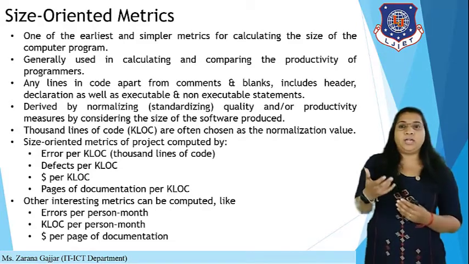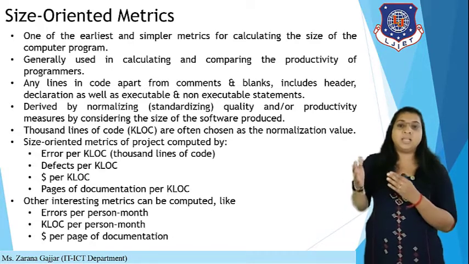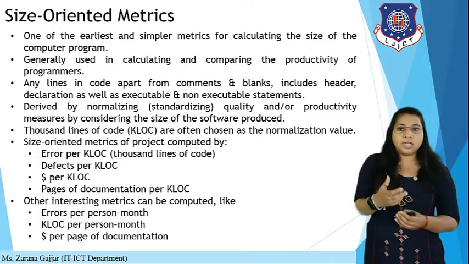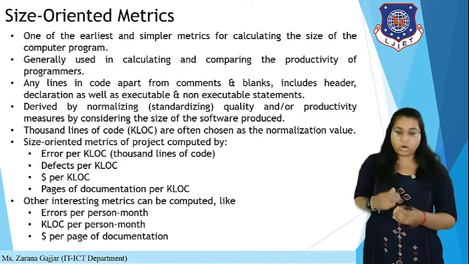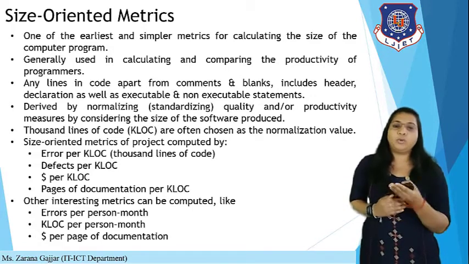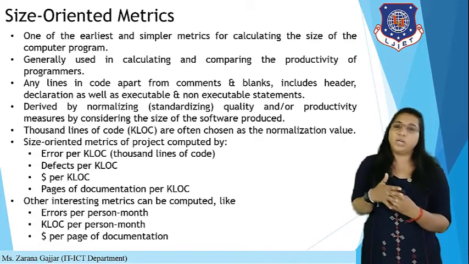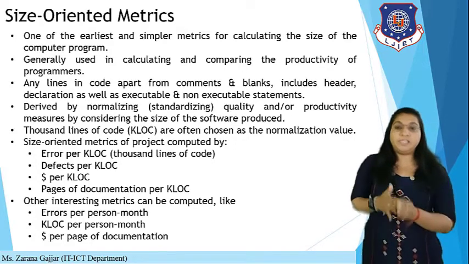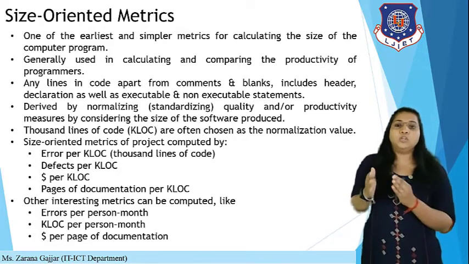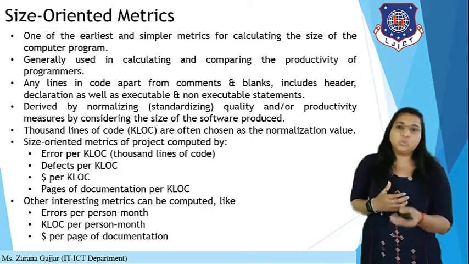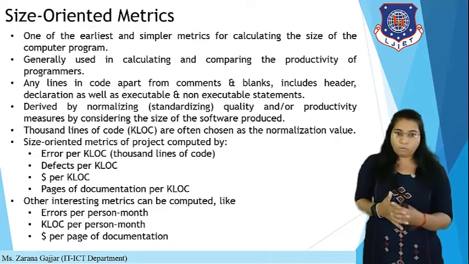Size oriented metrics are derived by normalizing, that means standardizing, quality and productivity measures by considering the size of the software product. Here, thousands of lines of code, that is KLOC, is regularly chosen as the normalization value.